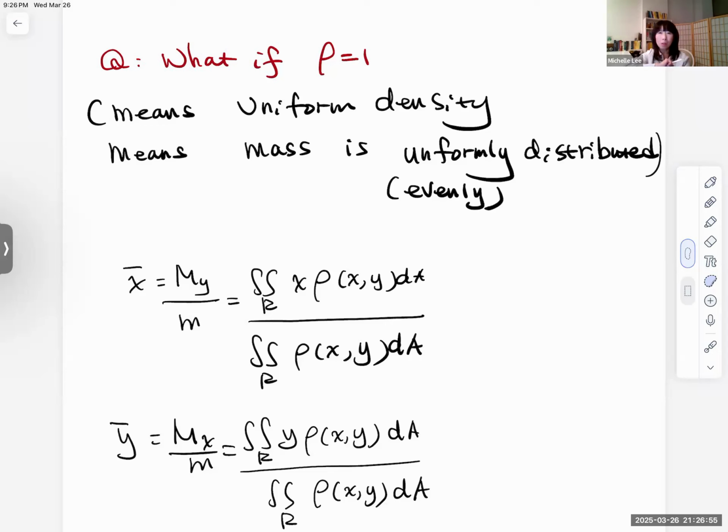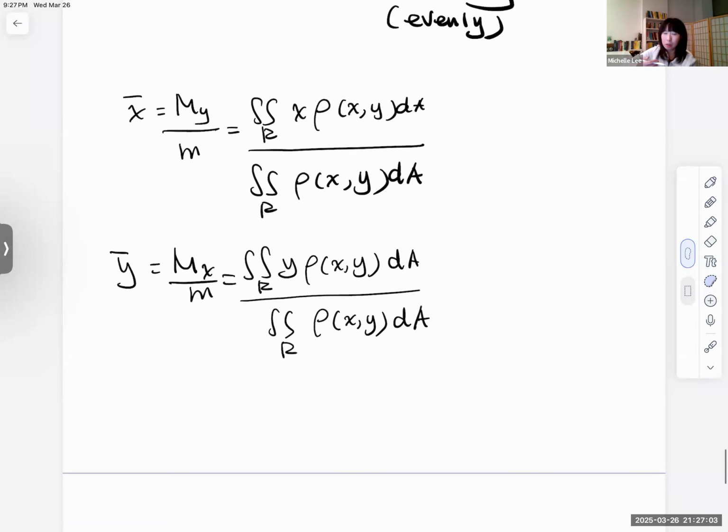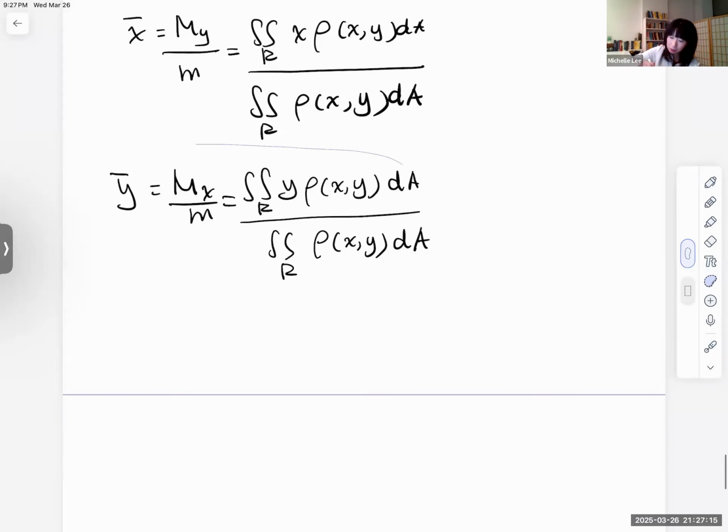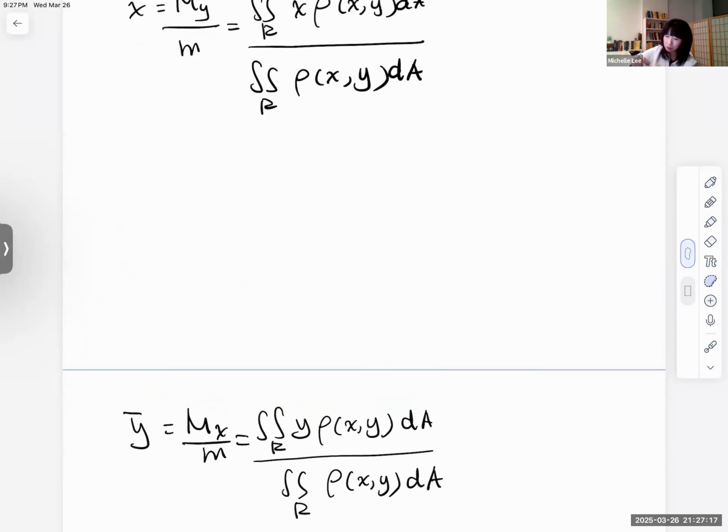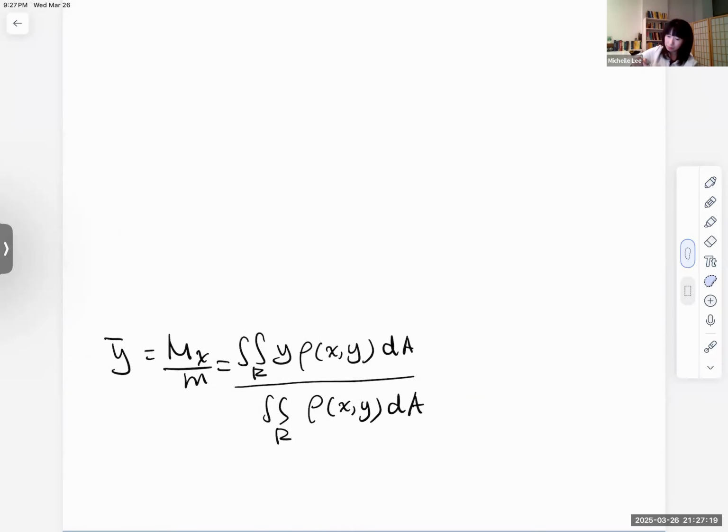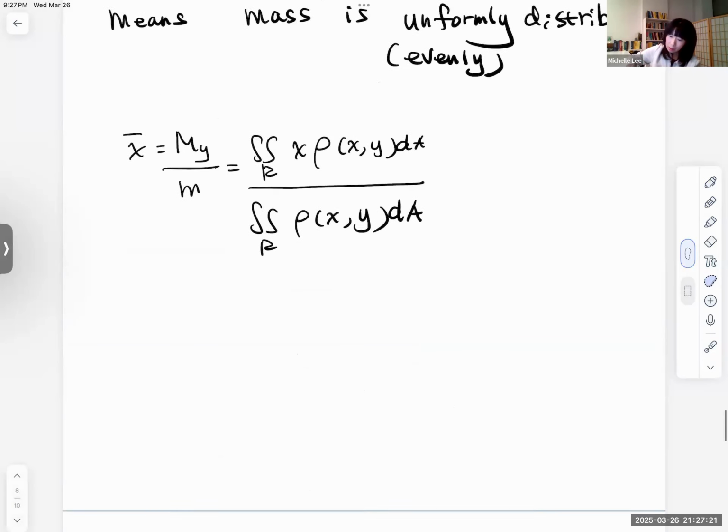Now we have the formula. Let's do it. This takes a little bit of work because we had all the information earlier. Let me put this on later.